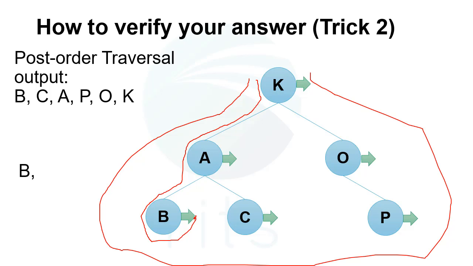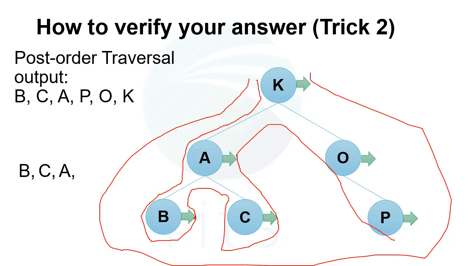Similarly the second flag and we verify our output. Then we proceed further and the third flag, fourth, fifth, and sixth, the last, and the root. So we verified our output to be correct.